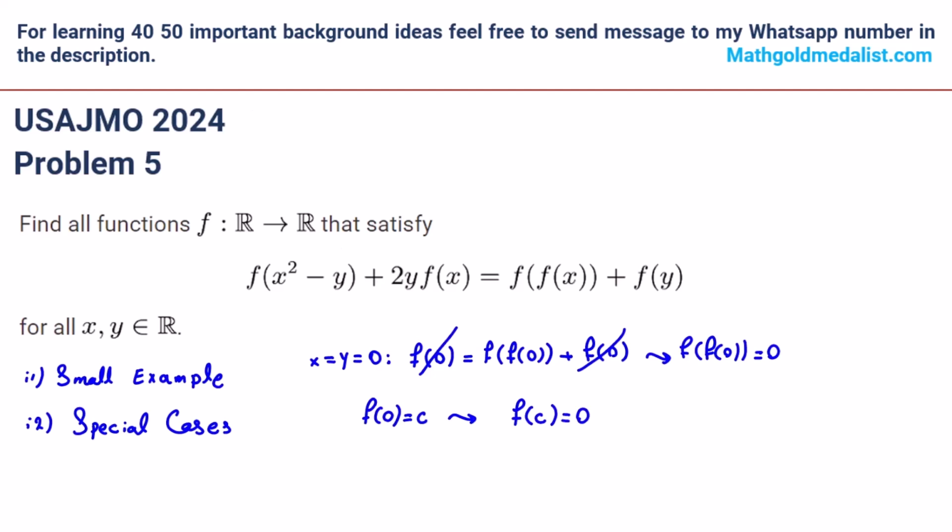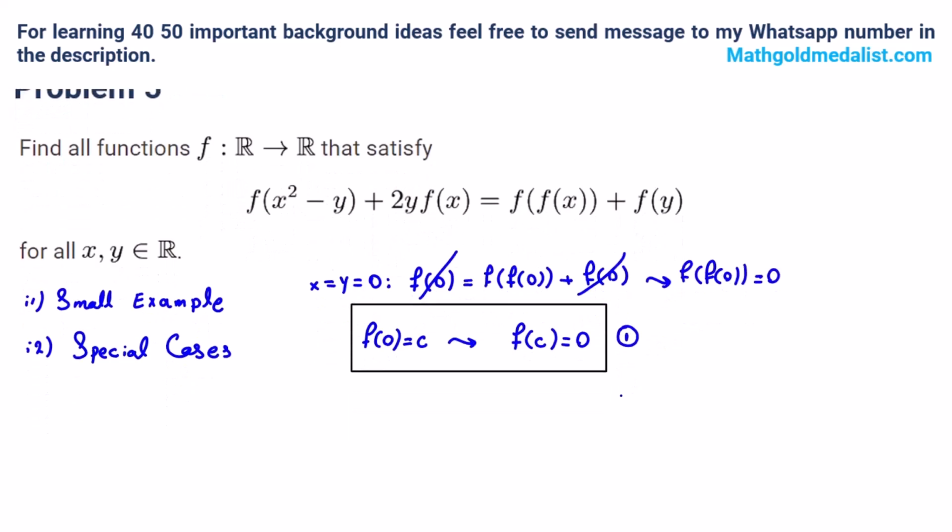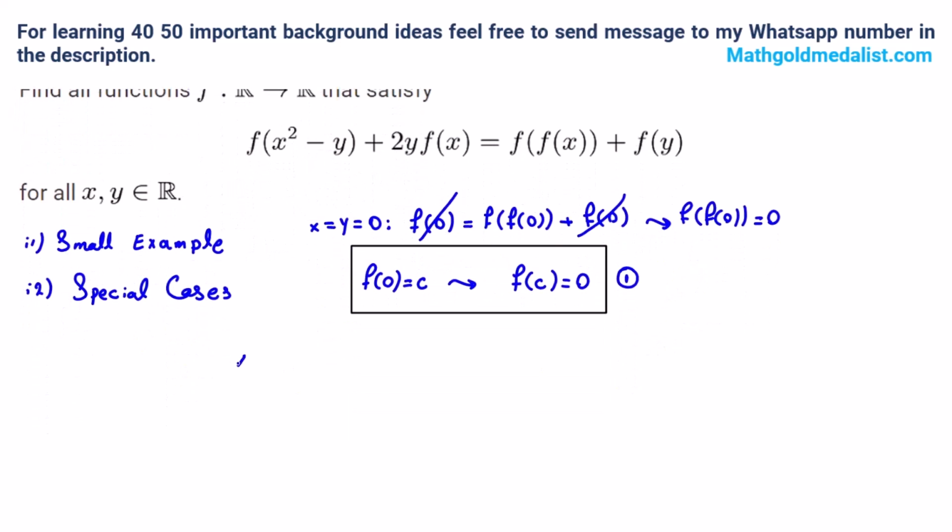So, let's put a box around the things that maybe can be useful. It's the first one. Now, let's consider only x is equal to 0. Then it would be what? F of -y plus 2y f of 0 is equal to f of 0, which we said is equal to 0, plus f of y.